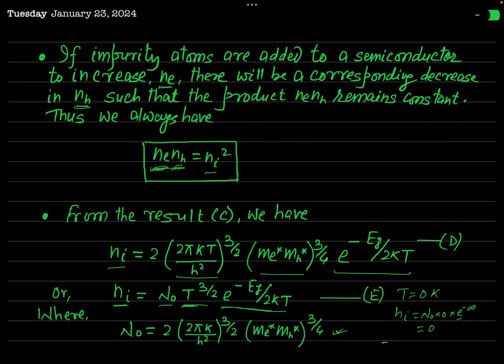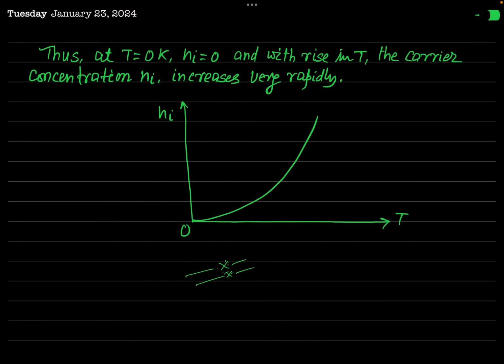So at 0 Kelvin temperature, the carrier concentration is 0. It means there is no electron in the conduction band and no hole in the valence band. And that's why we simply say that at 0 Kelvin temperature this semiconductor behaves like an insulator, because there is an absence of charge carriers.